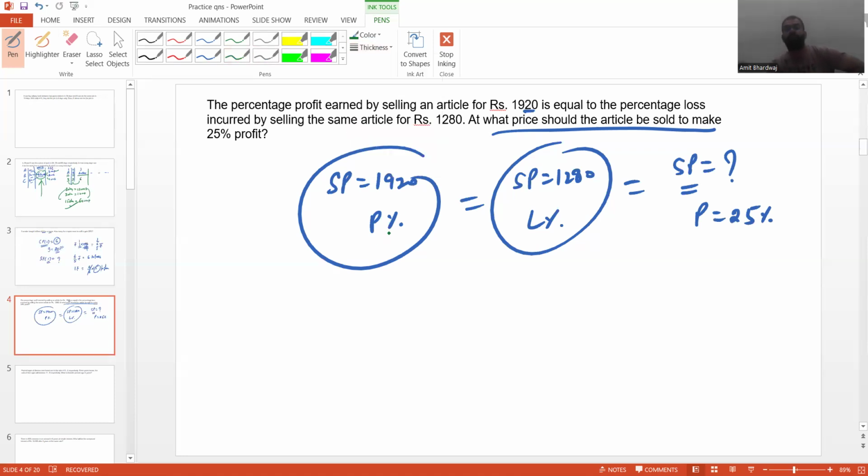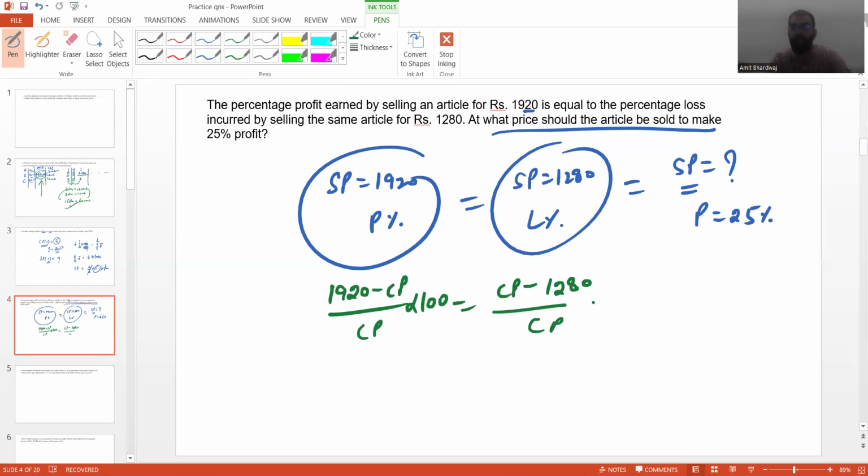Okay. So profit percent is what? Profit percent means profit by CP into 100, right? Basically 1920 minus CP, this is the profit upon CP into 100. This is the profit percent, and loss percent will be CP minus SP divided by CP into 100, right? Okay, so CP cancels, 100 cancel. 1920 plus 1280 equals to double of CP.